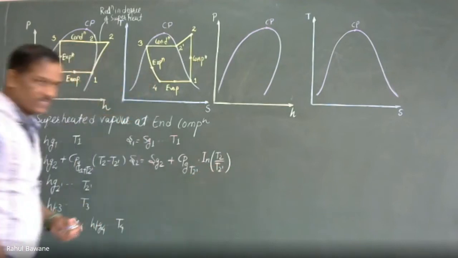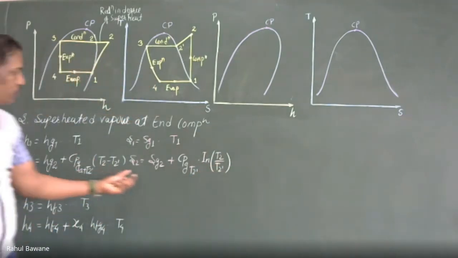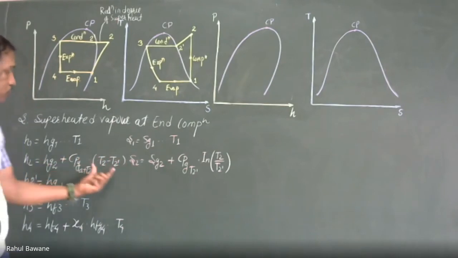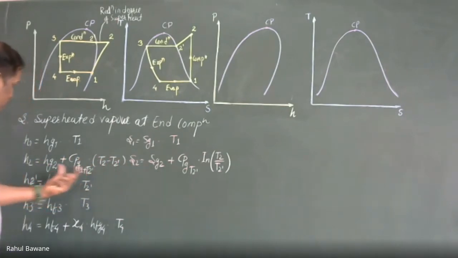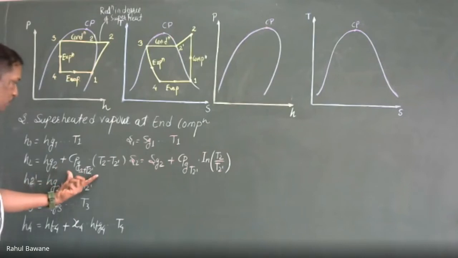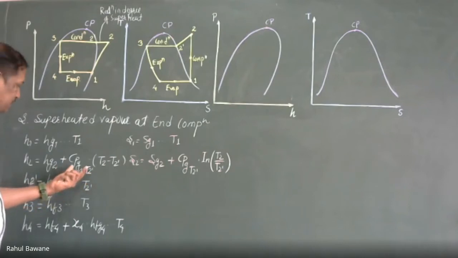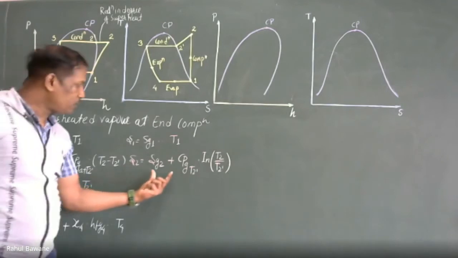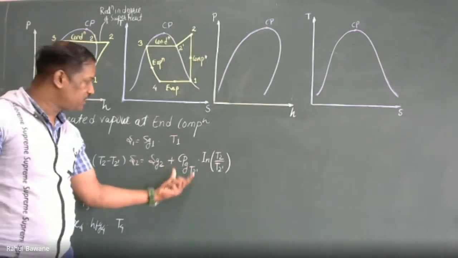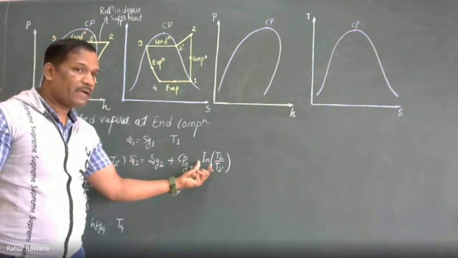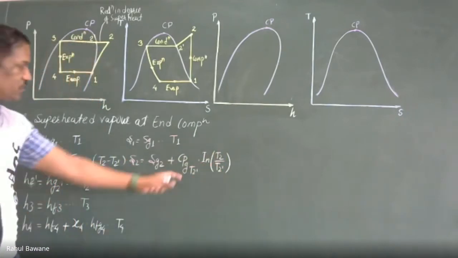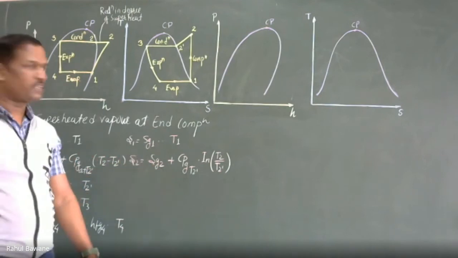This is the difference. If we are going to calculate the entropy and enthalpy of superheated condition, so in enthalpy we have to take Cp multiplied by T2 minus T2 dash, but in entropy we have to consider Cp multiplied by ln of T2 upon T2 dash. This is the only difference when we are talking about superheated state.